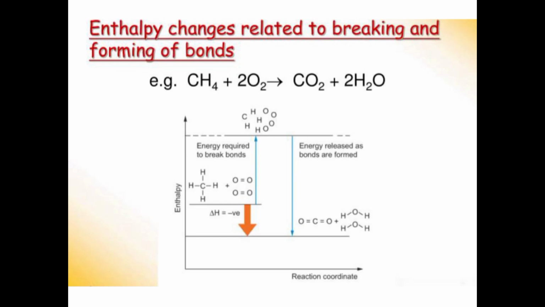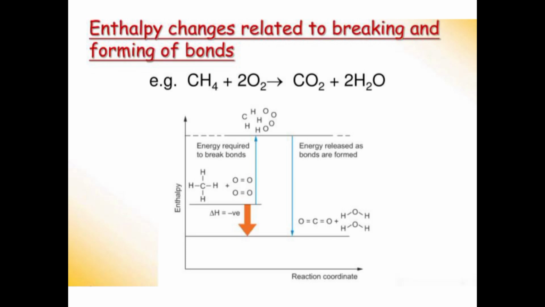Now, the energy required to break the bond is at the reactant side, and you have a carbon covalently bonded to four hydrogen atoms in a tetrahedral shape, and then you have two oxygen molecules, which are also covalently bonded to one another.